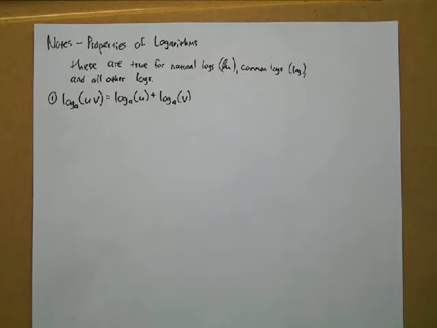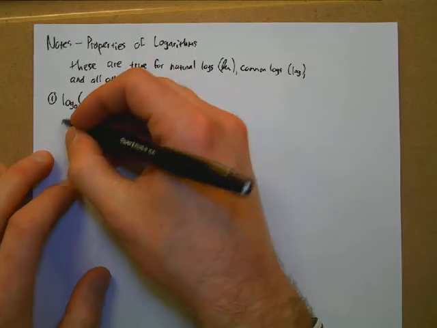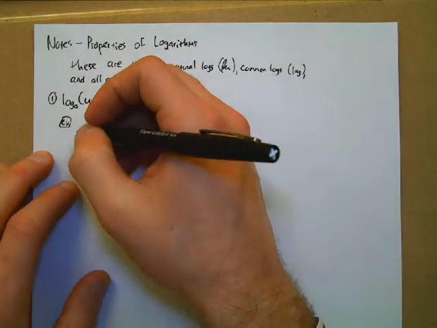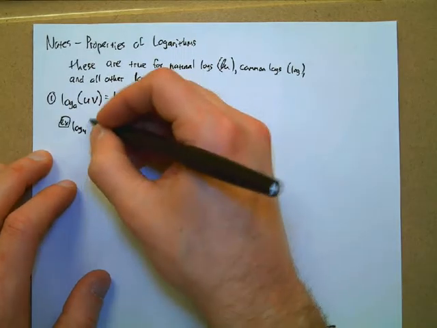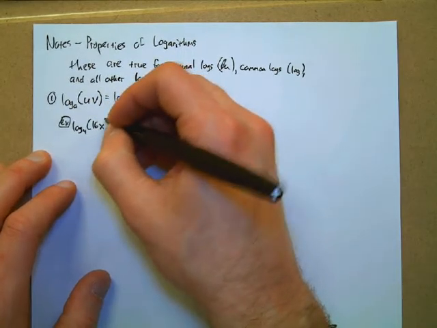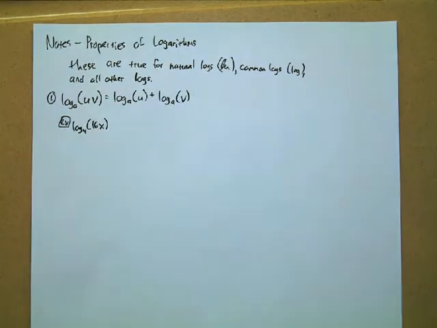Okay. So as an example, if we have log base 4 of 16x, well, we have a product there, right? 16 and x, they're being multiplied.